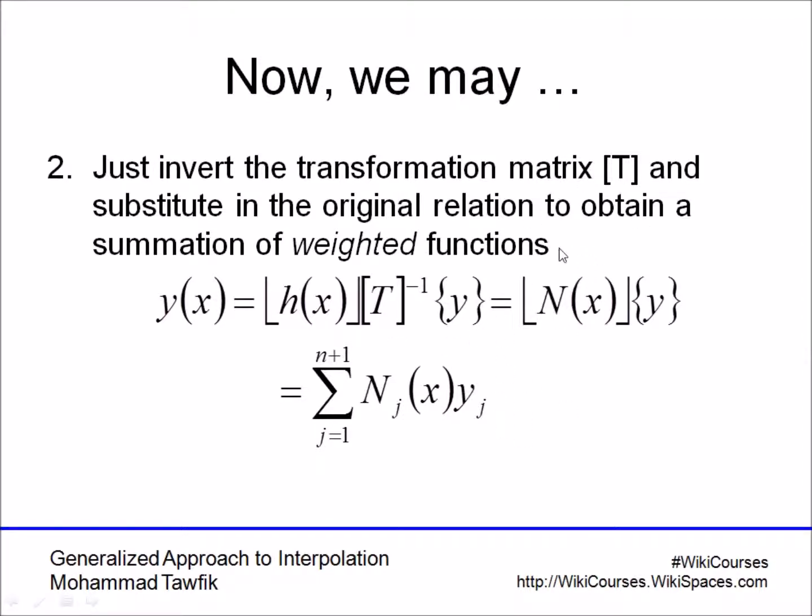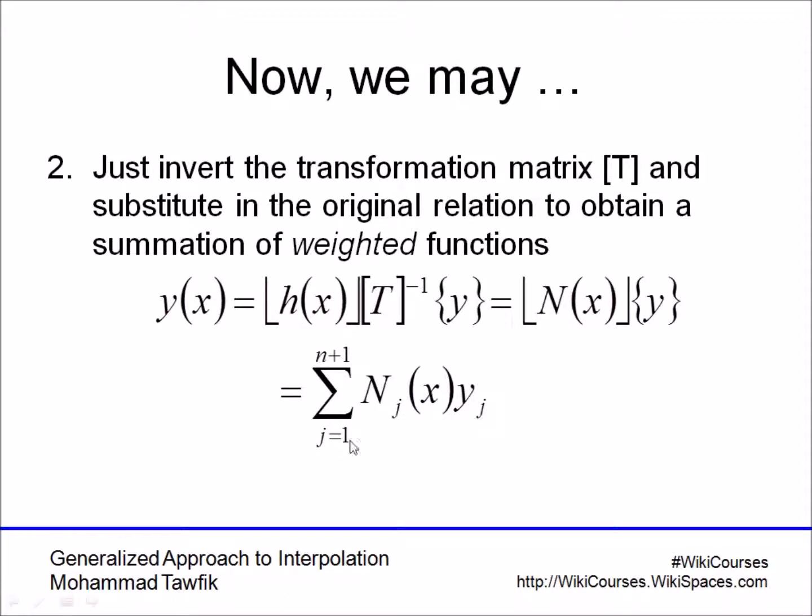Each of these N of x is just an nth order polynomial with different terms. And if you check with Lagrange interpolation, you can show right away that N_j of x is simply the multiplication of the different brackets that you got through the Lagrange interpolation method.